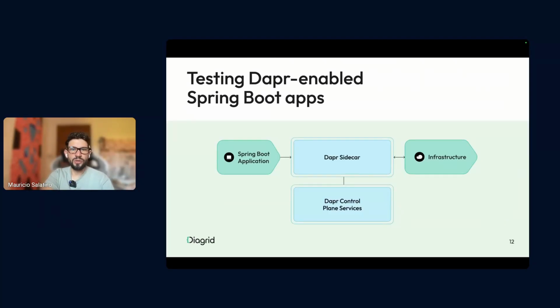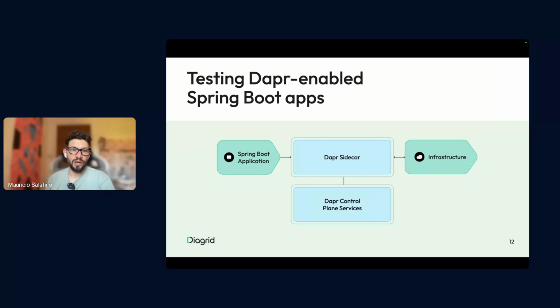In general, you need to think in terms of the Spring Boot application that you're going to start, and because it's already integrated with Dapr by adding these dependencies, the Dapr sidecar and all the Dapr control plane services are going to be automatically started for you. So you can actually write tests against these services and connect to all the Dapr APIs. You see here on the right side the infrastructure block, which is one of the main things that Dapr can do for you. It provides an abstraction to infrastructure.